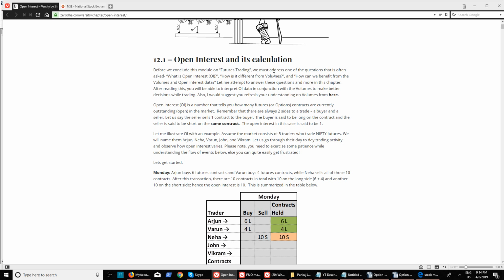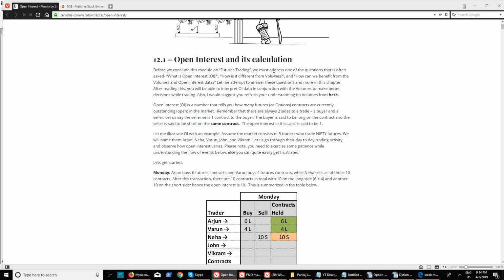A buyer is said to be long on the contract, and the seller is said to be short on the same contract. Whenever a trade happens between one buyer and one seller, that's known as one trade, and that's known as one open interest.